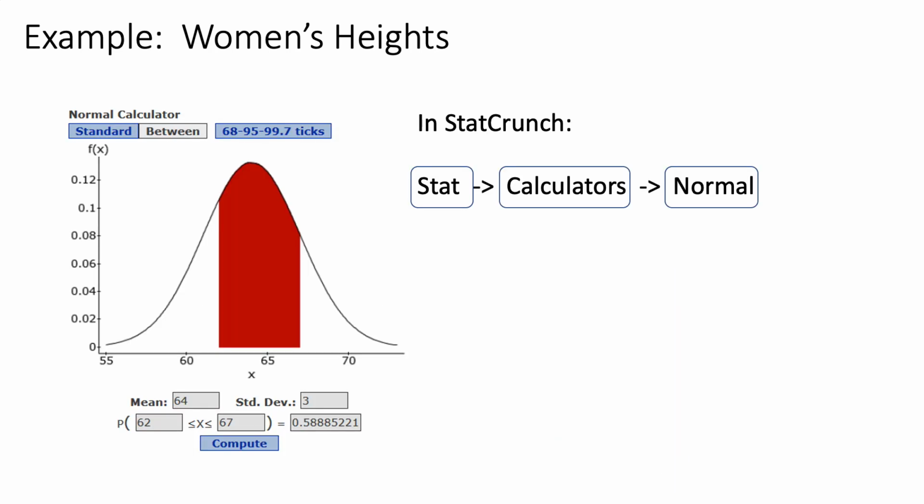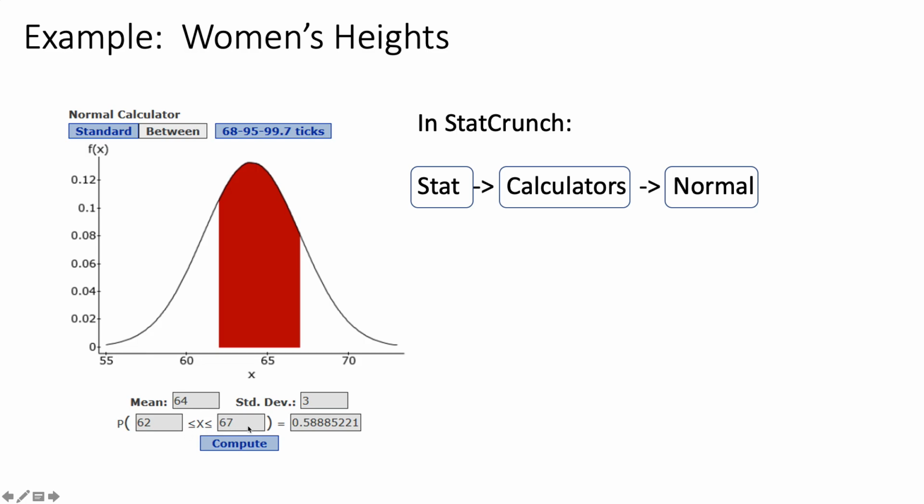Well, we're going to use StatCrunch. So we're going to go to Stat, and then Calculators, and then Normal. Now what pops up here is going to be a picture of a normal curve, and we're going to tell it the mean and the standard deviation. So we know that the mean height for women is 64 inches and the standard deviation is 3.